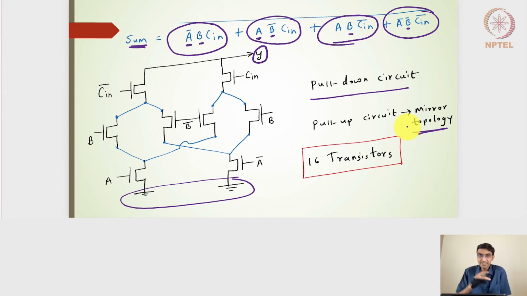The reason is that if I change A bar to A, B bar to B, and C in bar to C in, I'll actually get the same expressions. And that's the reason why the mirror topology is really useful for the adder circuit, especially to extract the sum and the carry output bits.